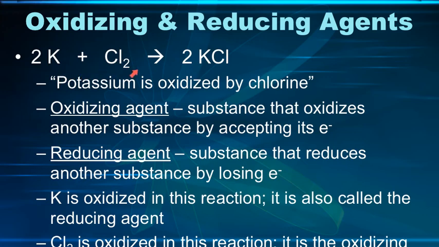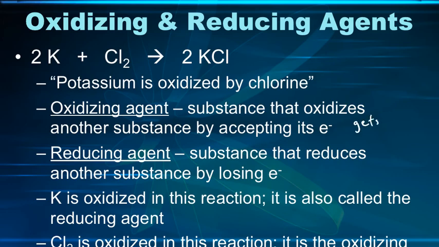Using that same example from just a minute ago, it's also helpful to know these terms, oxidizing agent and reducing agent. I know this is going to sound really weird as to why we do it, but we'll explain in just a moment. The oxidizing agent is the substance that oxidizes another substance by accepting its electron. It's the thing that gets reduced.